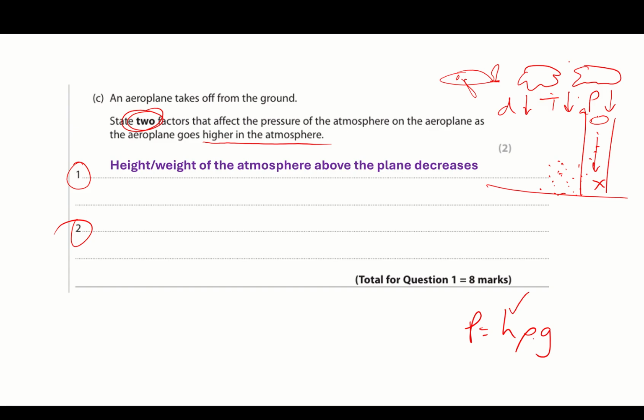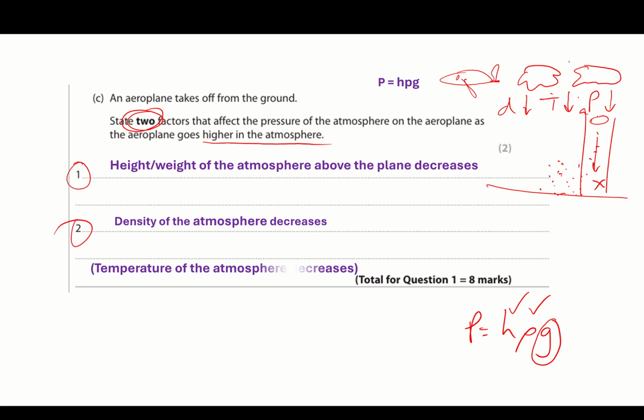Well, the next thing is we could talk about the density. So we know that the density is less because there are fewer particles, there's fewer collisions. So the density of the atmosphere decreases. And we can't talk about gravity too much because gravity does not change that far off the surface, but there would be a slight reduction.